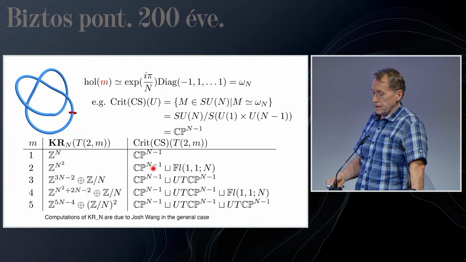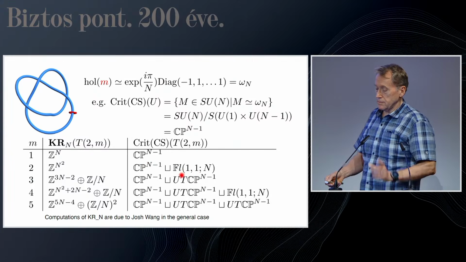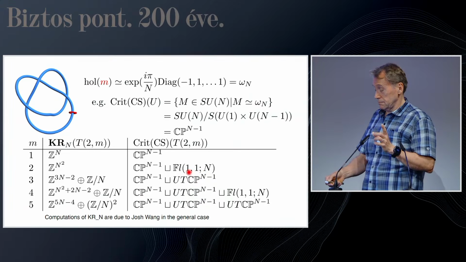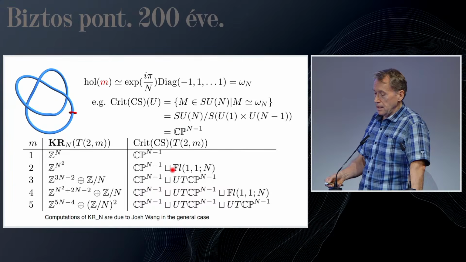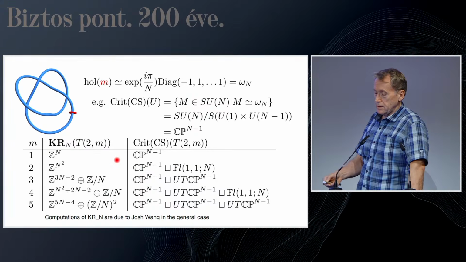For the Hopf link, it's CP^(n-1) and a flag manifold, the flag of, say, two orthogonal one-dimensional subspaces in C^n. You notice that the rank of the homology here recovers the n squared. You get n from the CP^(n-1), and this guy is a CP^(n-2) bundle over CP^(n-1). The rank of its homology is n times (n-1), so that gives you n squared.